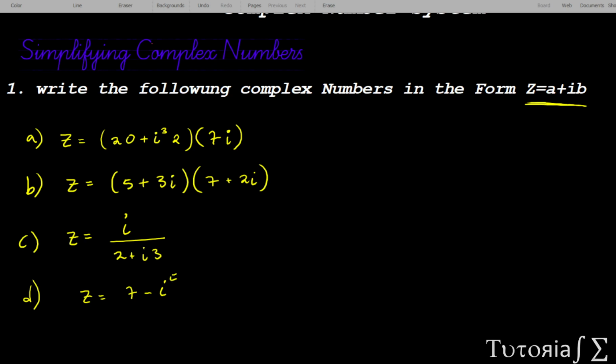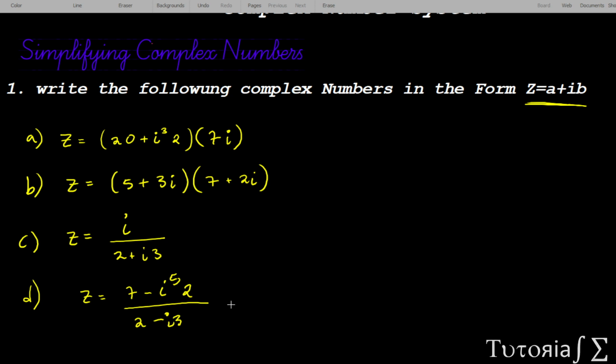No, let me say i to the power 5 times 2, then all over 2 minus 3i. Okay, so you're going to do these problems for me and submit, and I'm going to mark them for you. So if you haven't understood anything before you attempt the questions, you should ask so that I can answer.